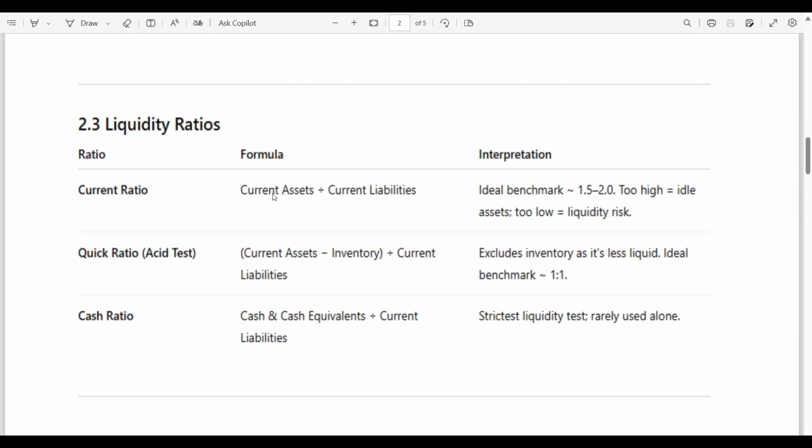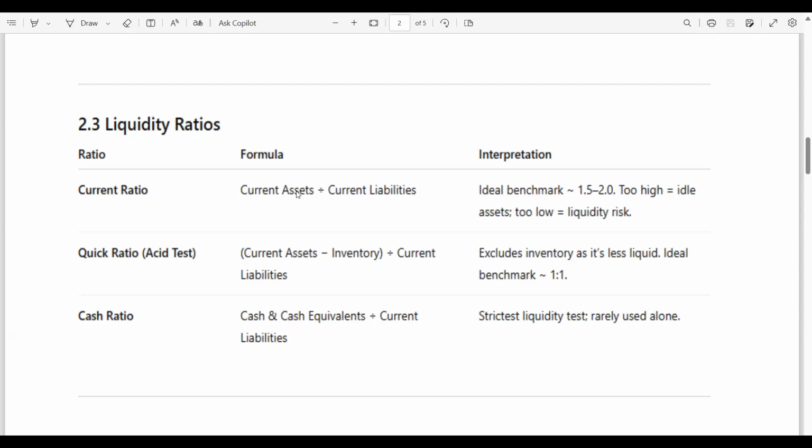Let's say previously the current assets value was 100, but now the current assets value is 90 after incorporating the NRV impact. Now your client is going to acquire a loan, and for that the current ratio, can anyone tell me what will be the current ratio in this case? Let me give you an example again.